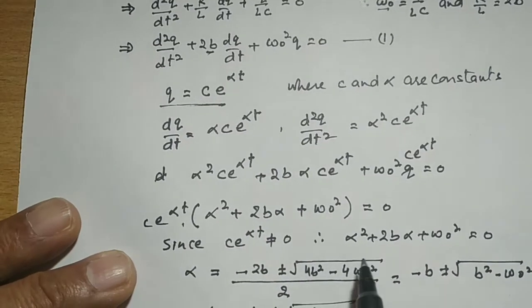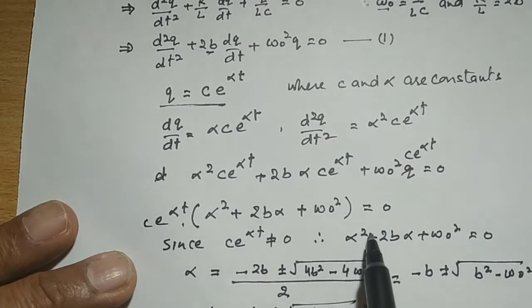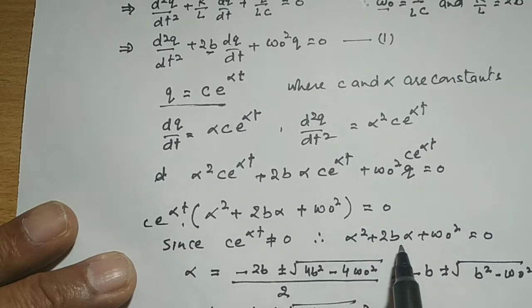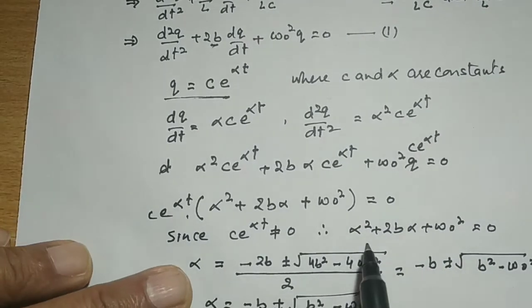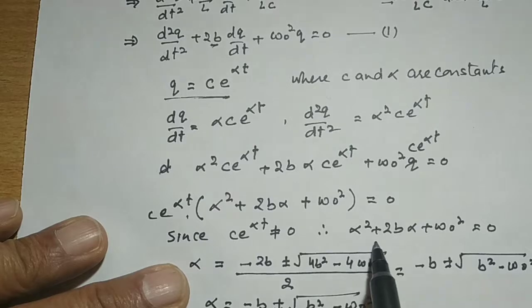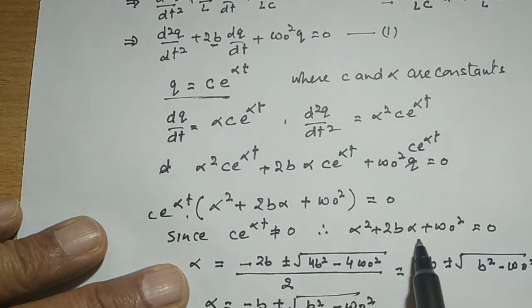This equation, alpha square plus 2b alpha plus omega naught square, is a quadratic equation in terms of alpha, which you can compare with a x square plus b x plus c. By using the quadratic equation property, we can find the solutions, because this quadratic equation has two solutions.